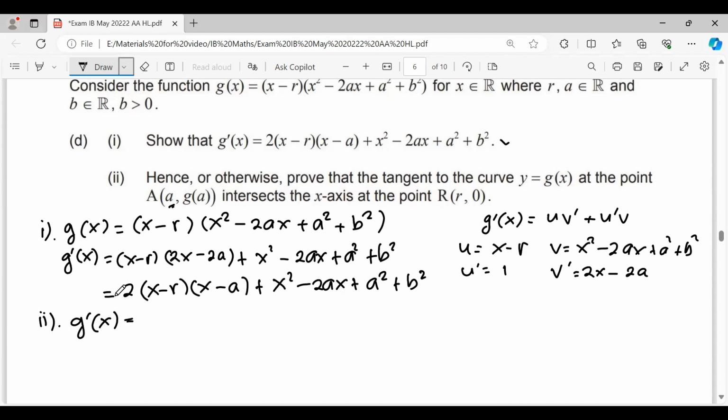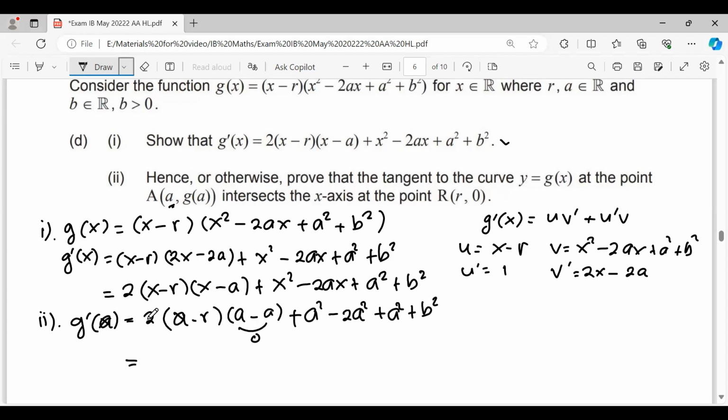If x equals a, it will be 2 times (a minus r) times (a minus a), which is 0, plus a squared minus 2a squared plus a squared plus b squared.